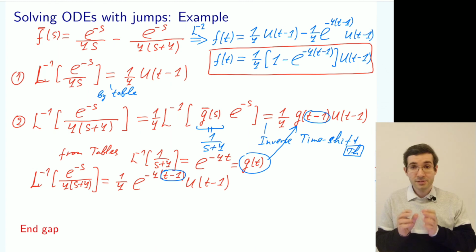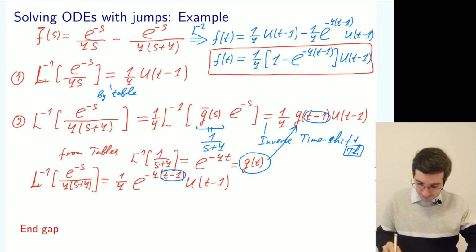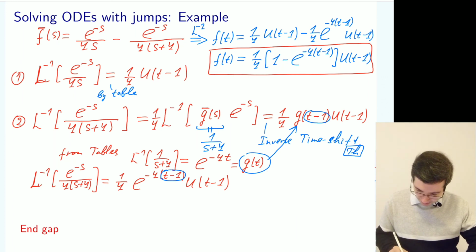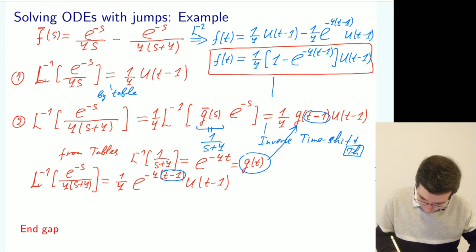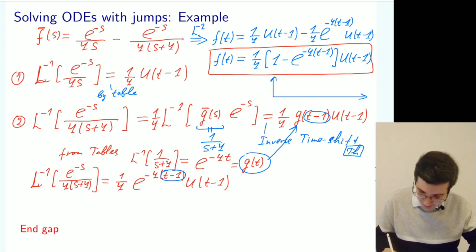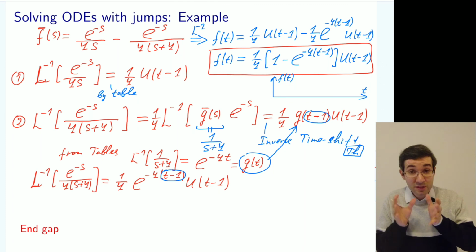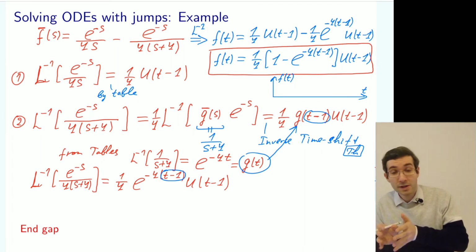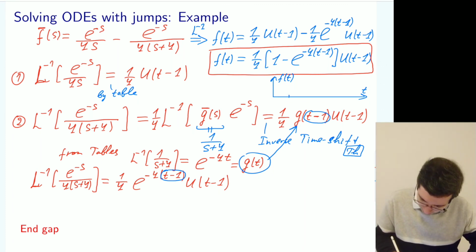So that is the answer, but it will be even nicer if we can graph that, if we can plot the answer, and let's just do that. So let's look at what it actually appears to be if you plot it against time. So f of t. It was not existent before time 1, say 1 second. So that was 0 before that.